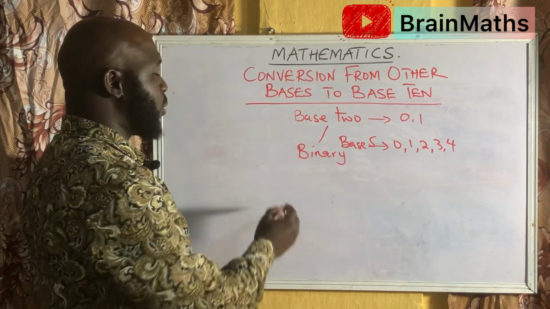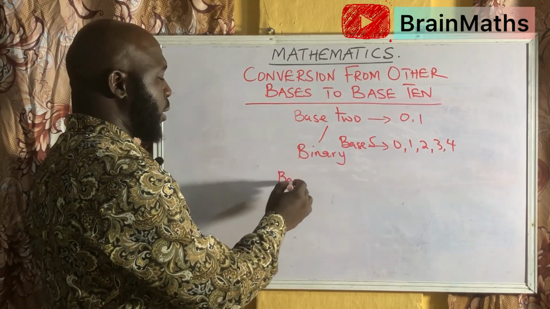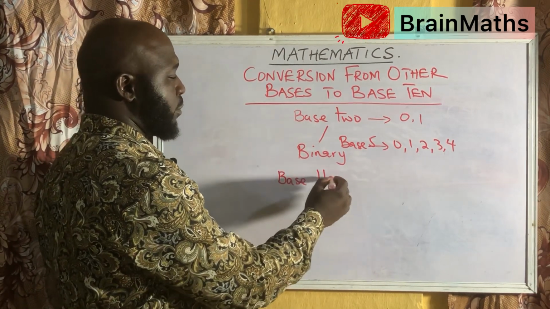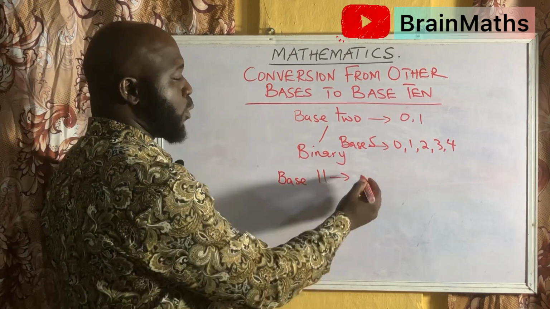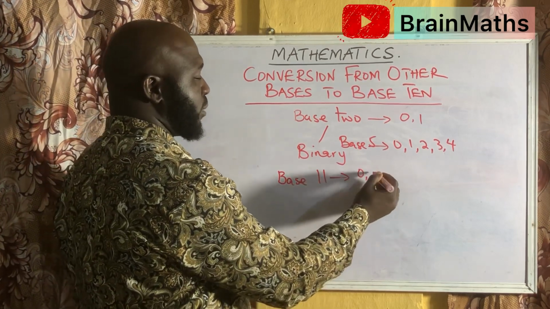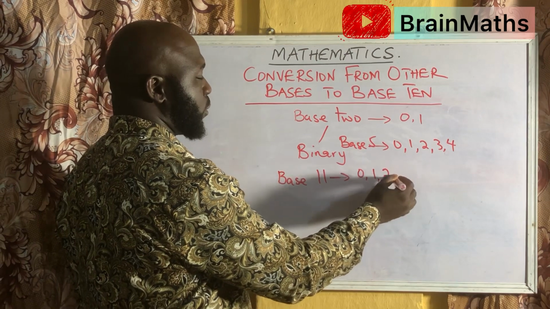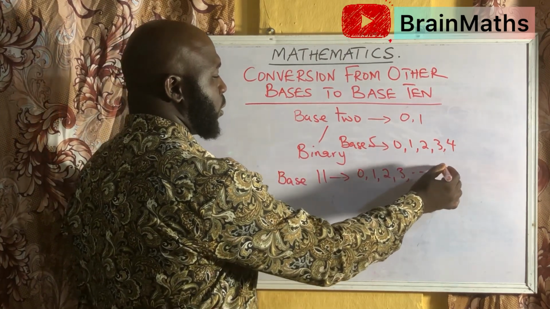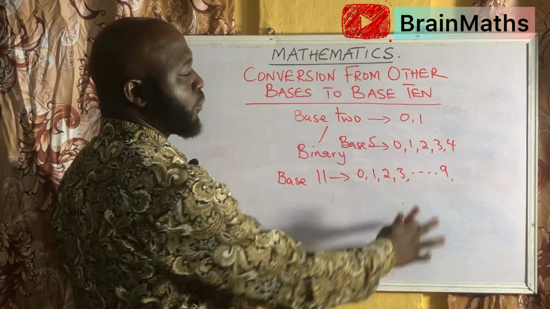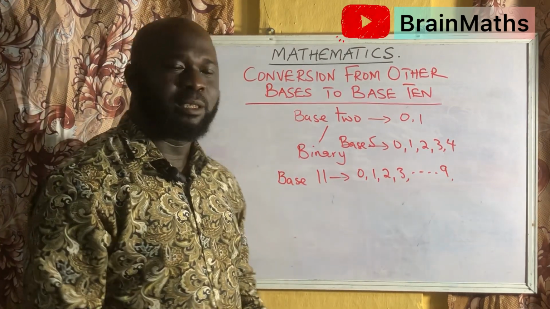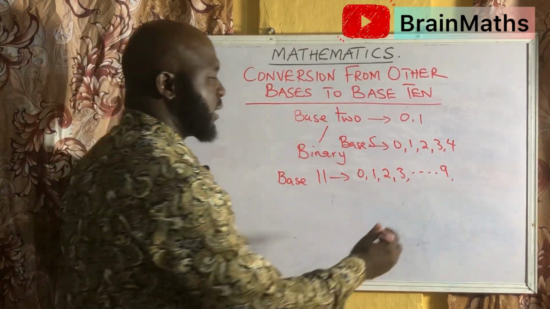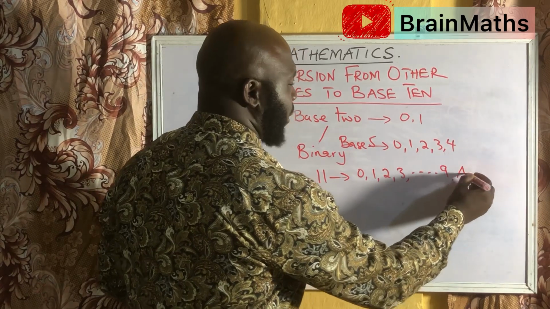So let's say you are now working in base 11. We know we will have numbers up to 10. That is 1, 2, 3, up to 9. So for 10, instead of writing 10, in this case, we are going to include an alphabet.